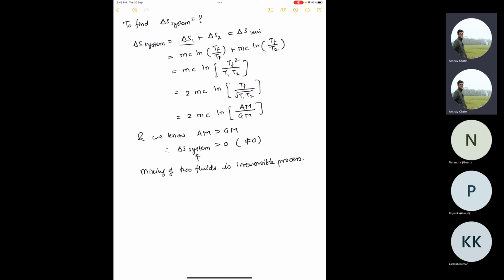External is because of heat transfer from system to surrounding, and internal is because of 4 factors: friction related, this mixing of fluids, unconstrained expansion, like expansion against vacuum. So this is an exercise which proves that mixing of two fluids is an irreversible process.